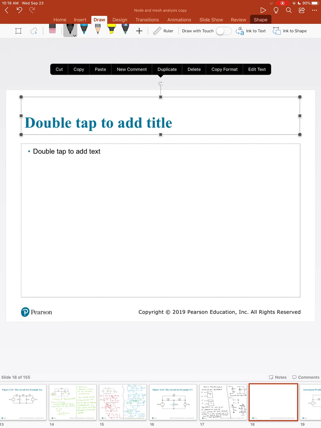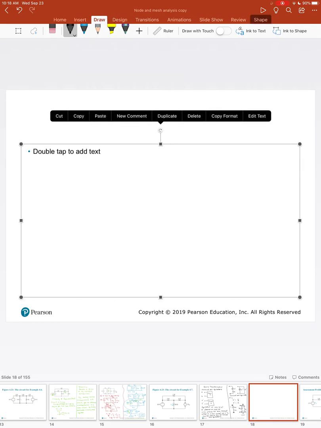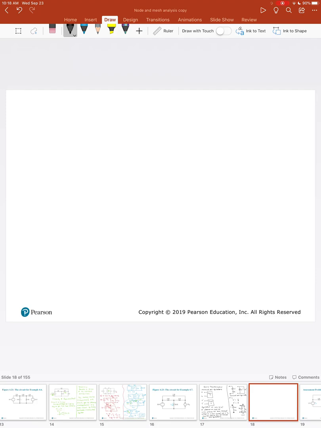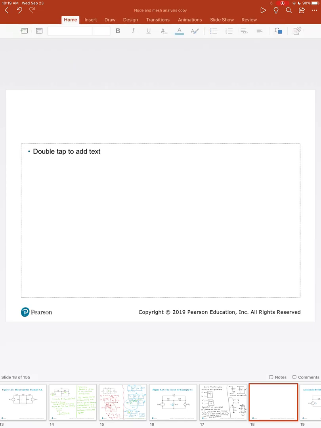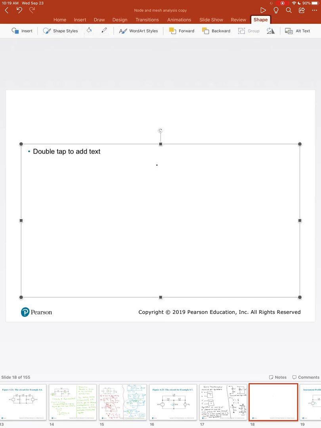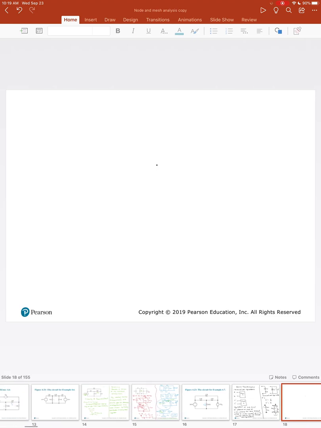So what I think I want to do is locate that circuit that we worked for superposition. Let's see if I can. Nope. We'll go back to that circuit that we just solved.